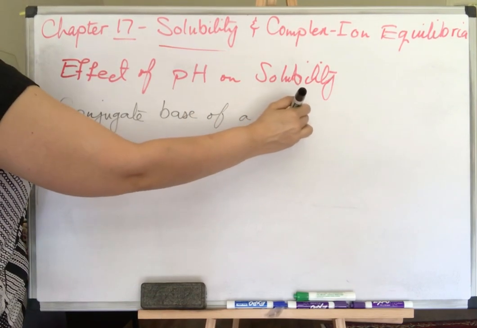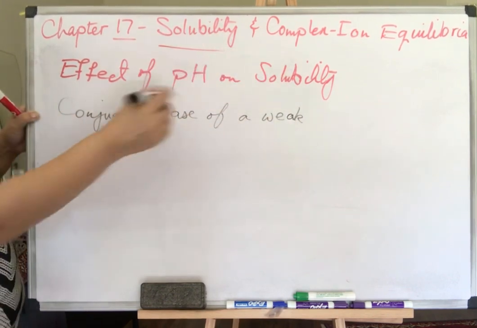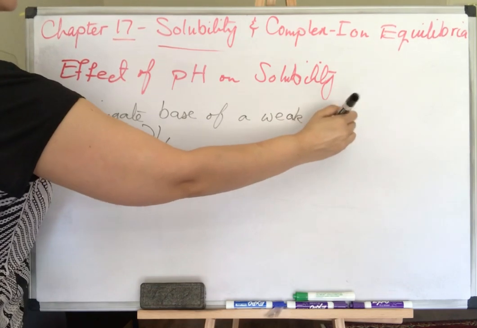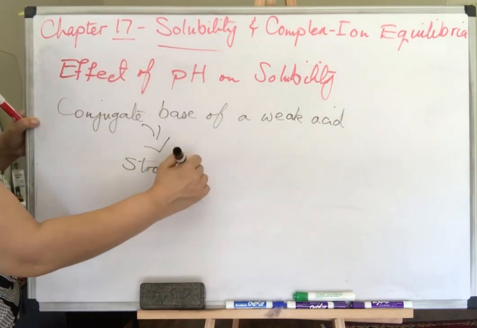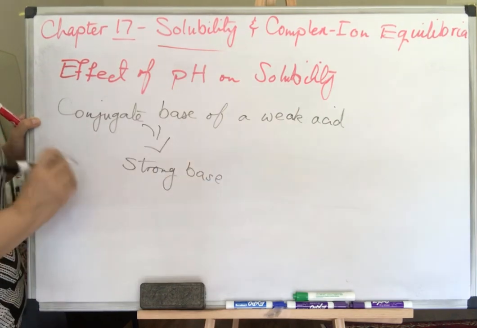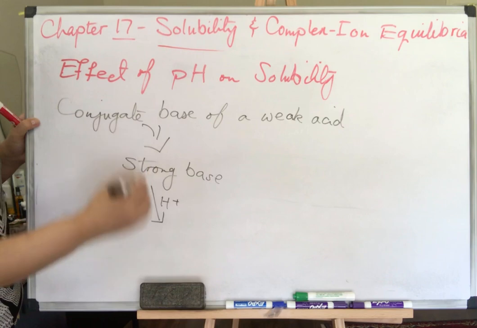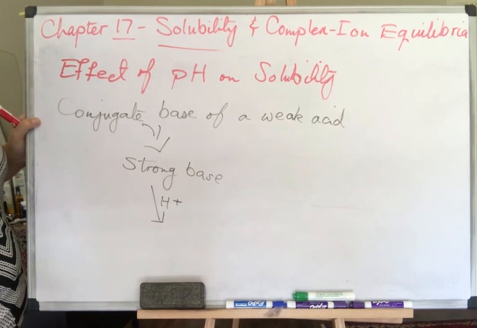when you have the conjugate base of a weak acid in the solution, it is going to be a strong base, right? So this strong base will react with the hydrogen ion of the acid, okay?